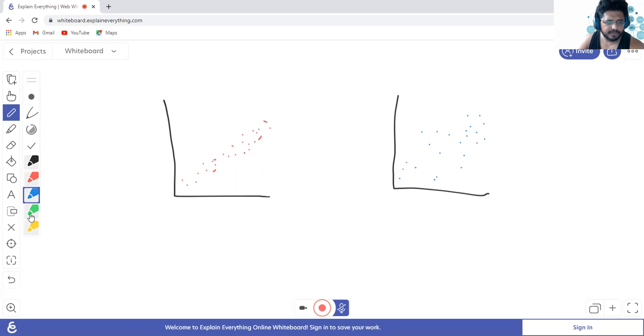Now if I find a best fit line for this, it will be the best fit line for this. And if I find a best fit line for this one, that will be the best fit line.